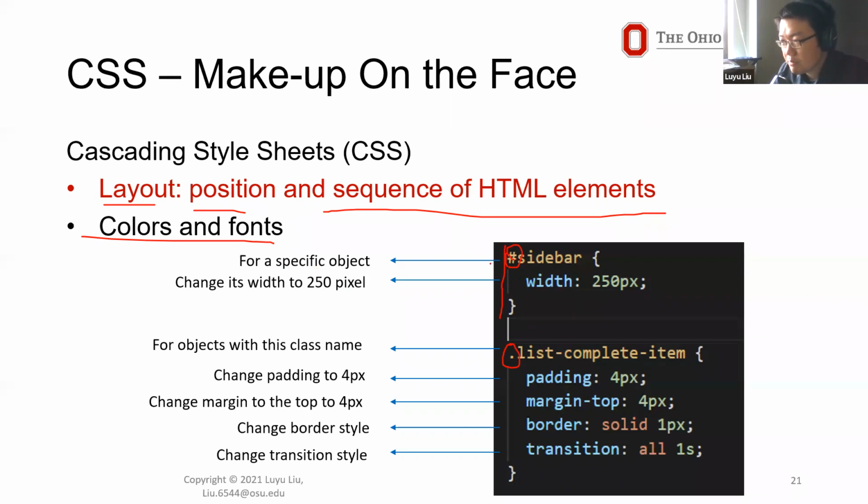For this specific object, we want to change its width to 25 pixels. And for this bunch of objects, which is a class, we want to change the padding to 4 pixels. Remember, you can change the property in a specific direction. There are 4 directions, top, bottom, left, and right, and you can choose just one direction.